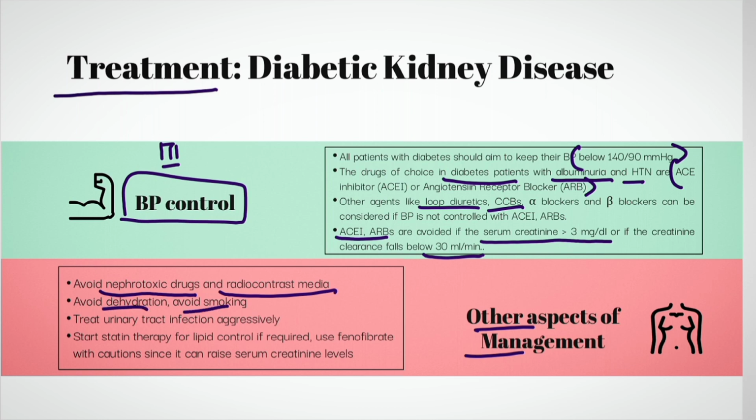Whenever there is a urinary tract infection, we need to treat such a condition aggressively. If there is lipid abnormality, then we can start statin therapy in such patients. However, fenofibrate should be used very cautiously, because it can raise serum creatinine levels.